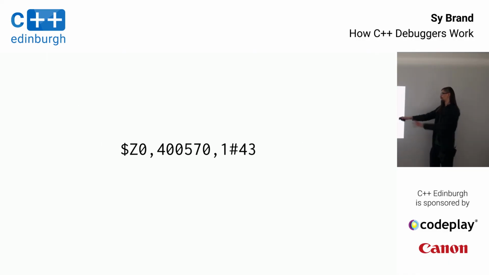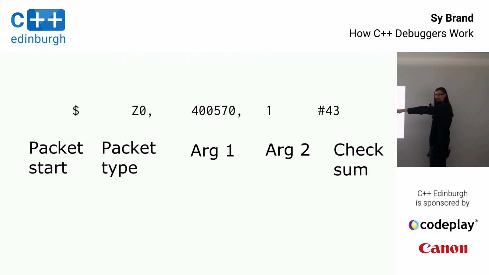I'm just going to split all of these out so I can explain them all. There's a dollar sign for the packet start. The Z0 is the type of packet, like I want to read memory, I want to set a breakpoint, and so on. Then it has some arguments and a checksum at the end to make sure that nothing got corrupted going over whatever you're going over.